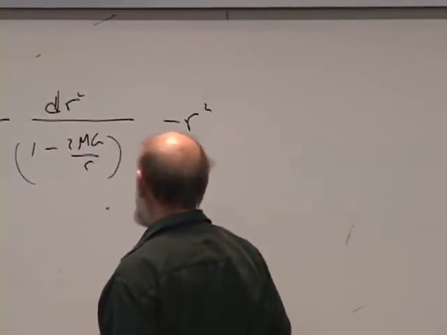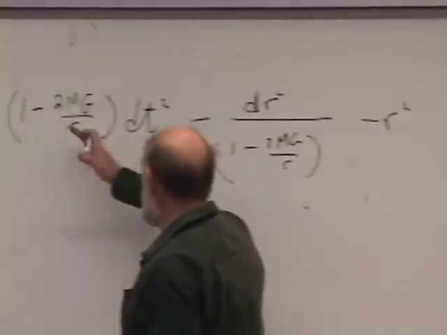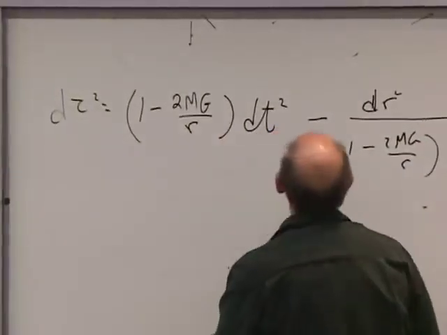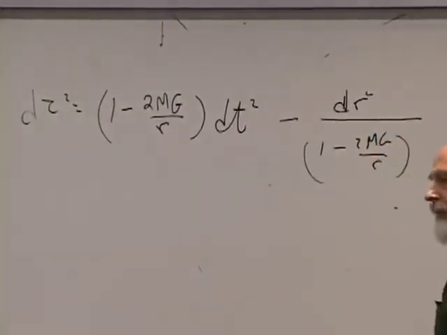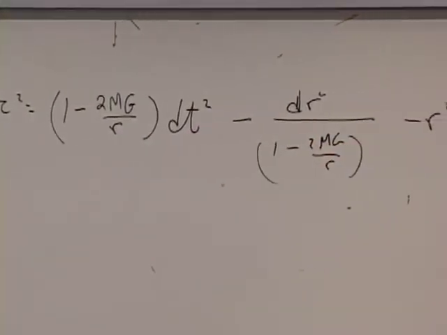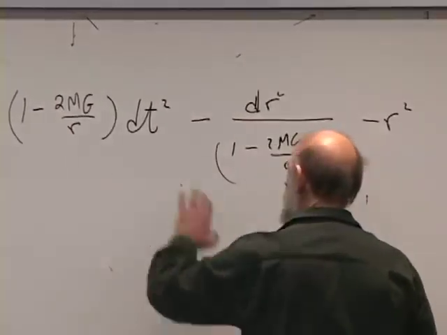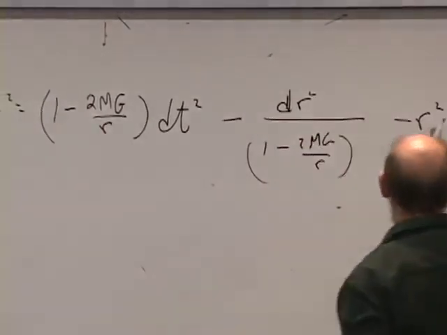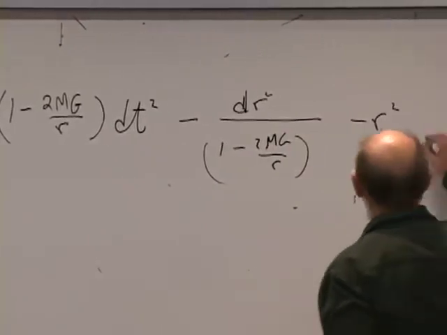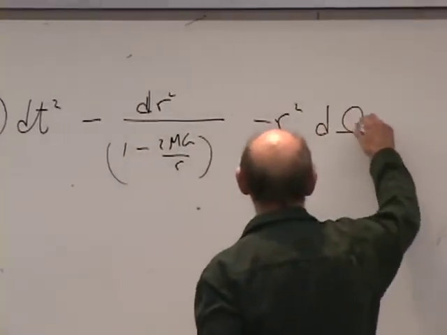Why? What we're using basically is spherical polar coordinates. Ordinary spherical polar coordinates just wouldn't have these mG's here. It would be dt squared minus dr squared minus r squared times, I think I called it last time, d omega squared.